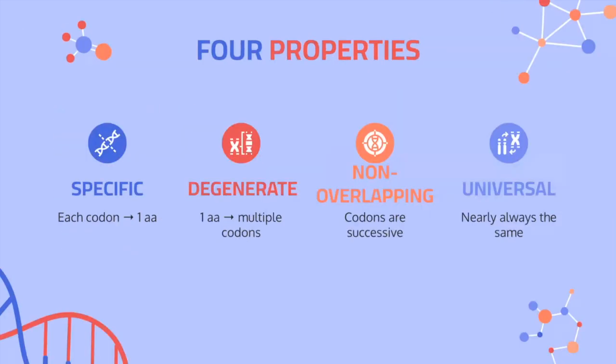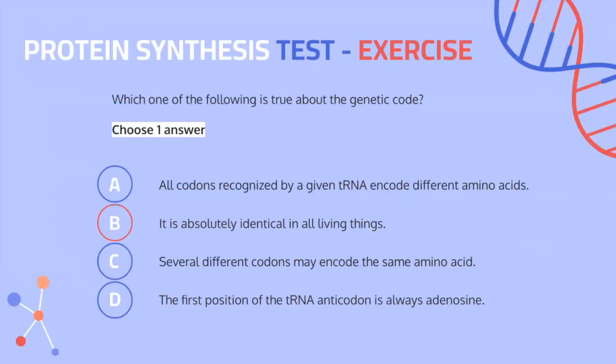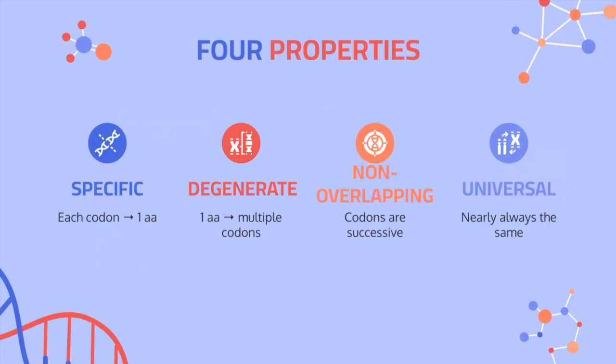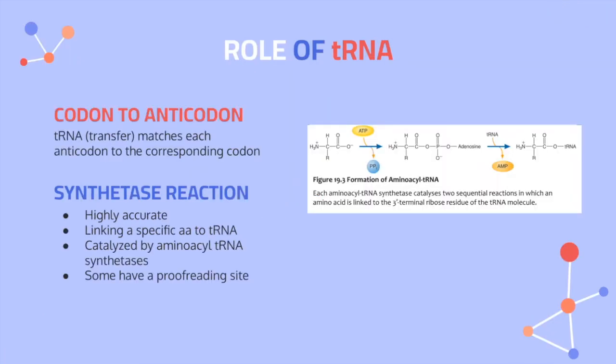Since the genetic code is degenerate, multiple codons can code for the same amino acid. Now, is it absolutely identical in all living things? No. Why? It is universal, but not 100%. It is nearly always the same, not always the same.